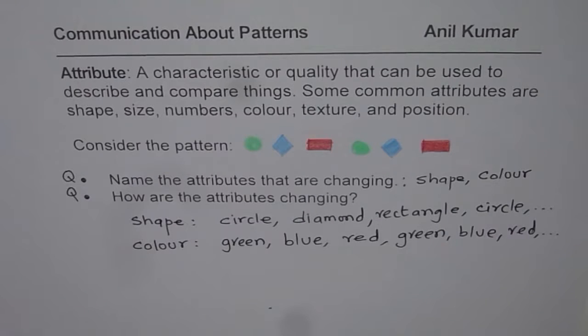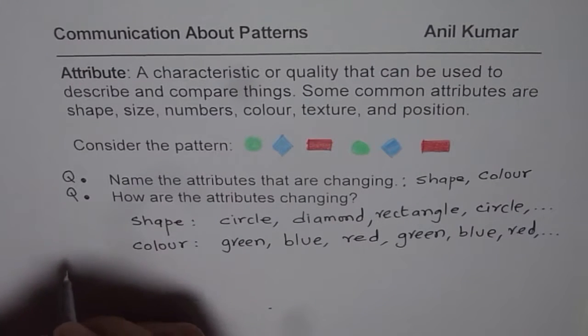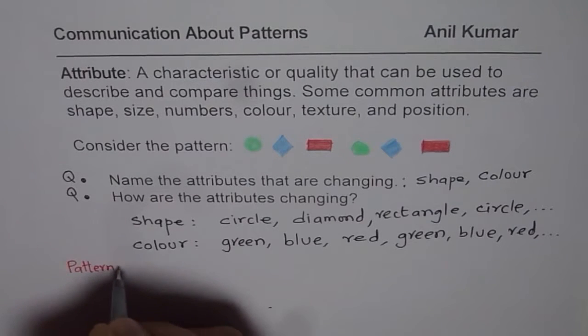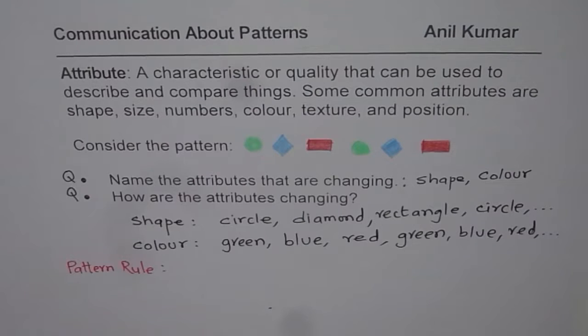Now I'll introduce you to another term which we call pattern rule. Most of the time, we describe a pattern with a pattern rule. When you have to describe with the help of a pattern rule, you can combine the attributes and describe, right?